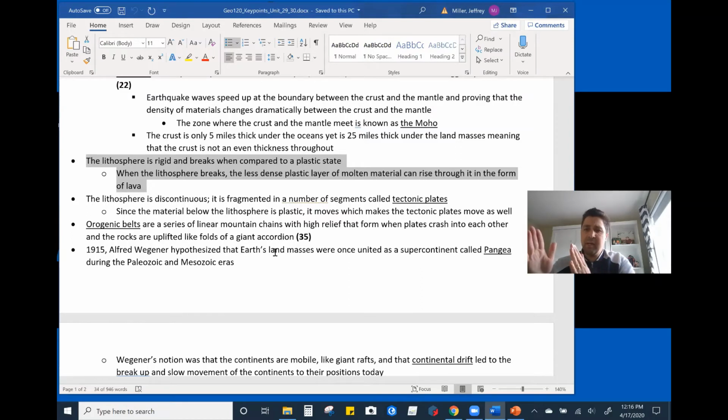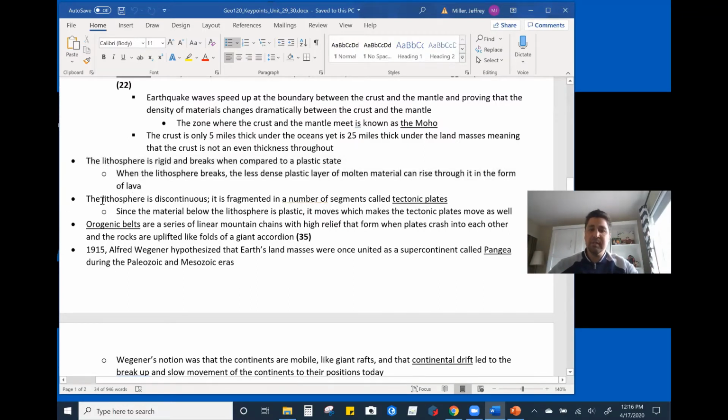Now the next topics start to shift into chapter unit 30. So unit 30 now. The next thing to mention here is that the lithosphere, when I say lithosphere, I'm talking about the crust, is discontinuous, and that means that it's not all connected to one another.